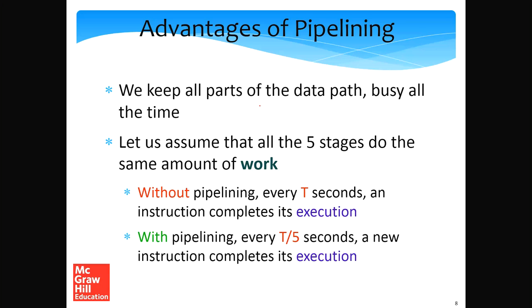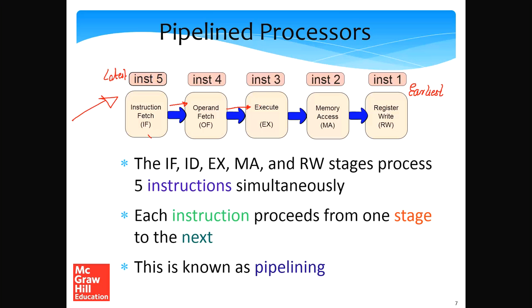So the advantage of pipelining is that we are keeping all the parts of the data path busy all the time, right? So in this case, if I again go back, what we get to see is that if in the data path we have 5 stages, the 5 stages are busy all the time. Similar to a car factory, no part of a car factory is actually idle, and same is the case here.